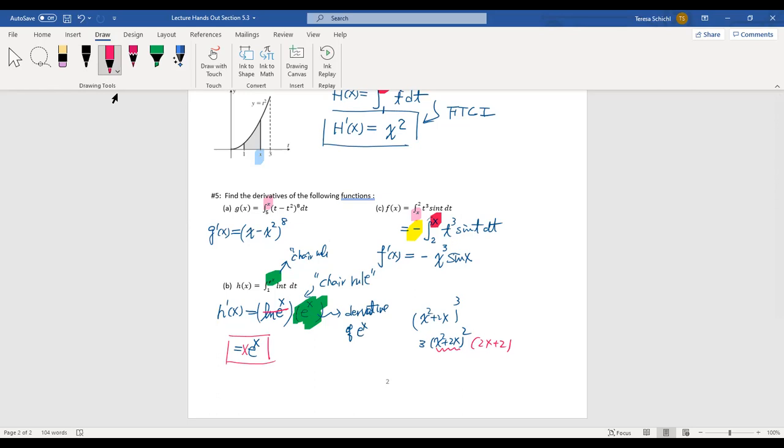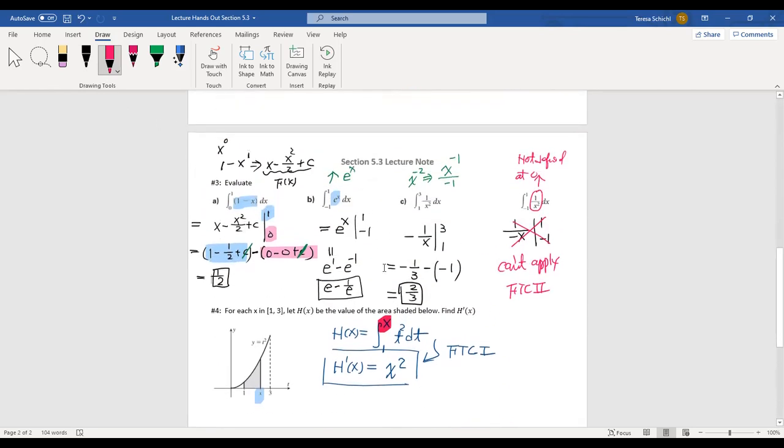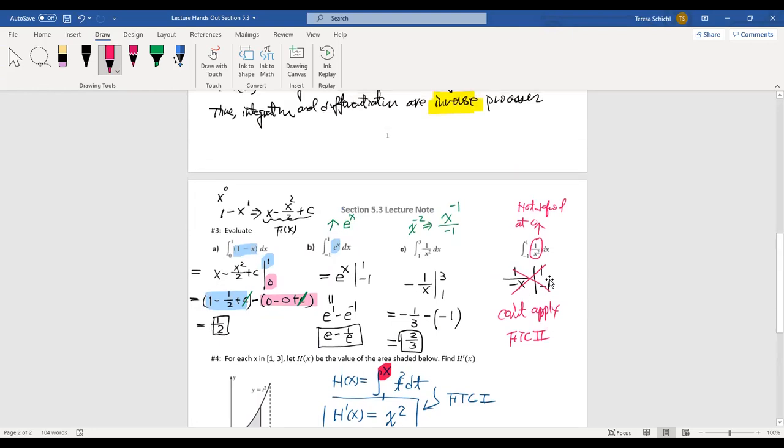All right. So this is what we talk about with the fundamental theorem of calculus. Key things to remember. When to use the fundamental theorem of calculus part 2: if it's a continuous function. If the integration range includes a point where the function is discontinuous, then you cannot use part 2.